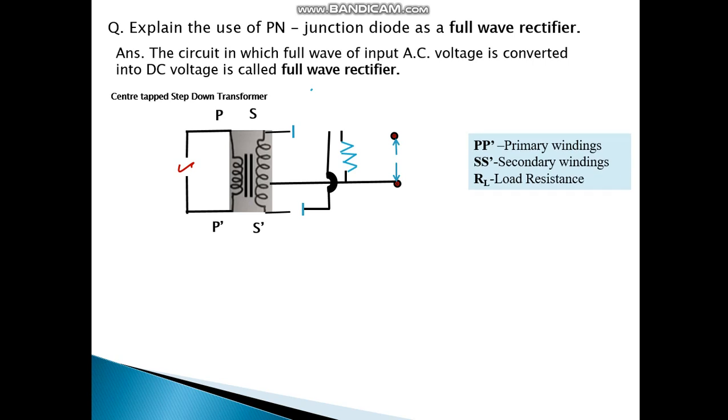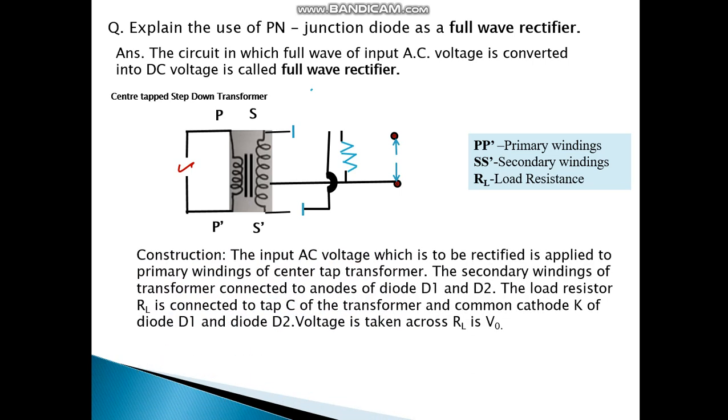PP dash is again the primary windings, SS dash are the secondary windings of the transformer. The input AC voltage to be rectified is applied to the primary windings of the center tap transformer. The secondary windings of the transformer are connected to anodes of the diodes D1 and D2.